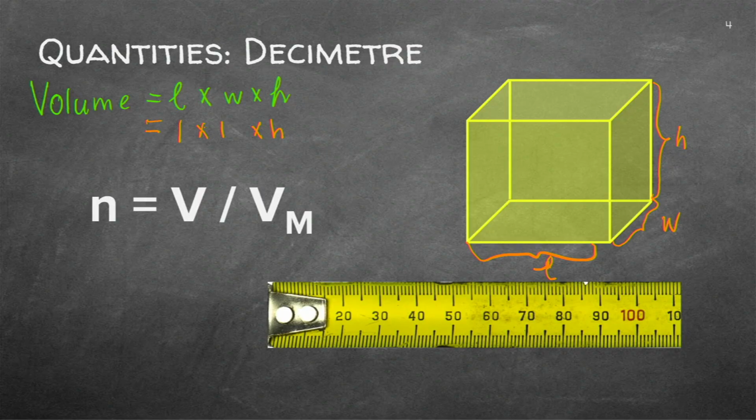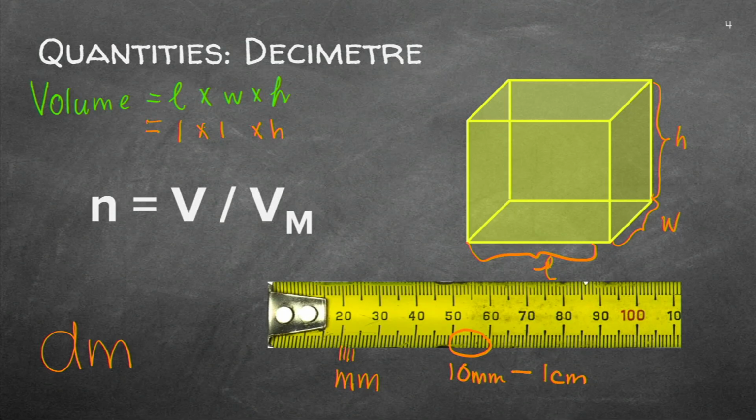Now what we have now is the unit decimeter. Now you can see on this ruler that I've got here that the smallest unit here is millimeters. And if I have 10 millimeters there, I usually call it 1 centimeter. I know if I've got 100 centimeters, I've got 1 meter.